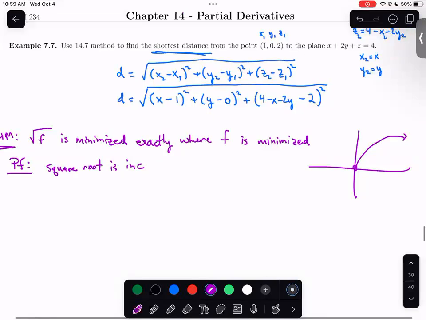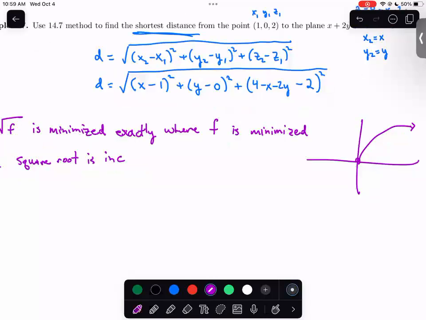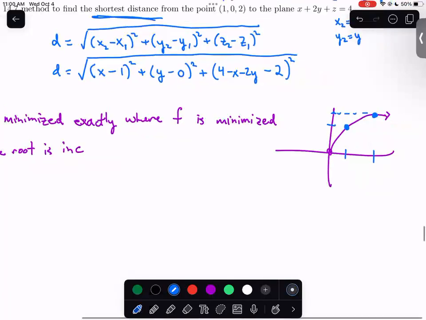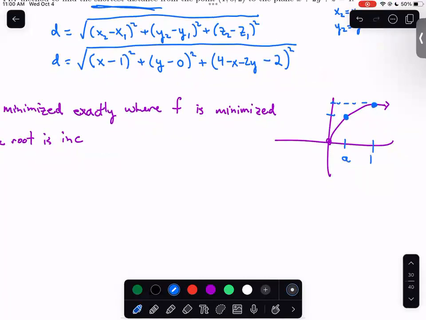Notice that if you want to get the minimum value out, the output here, the y value, you're going to want to plug in something smaller. If you plug in something bigger, because it's increasing, you're going to get a bigger value out. So if you're interested in minimizing a square root, you minimize what you plug into it. In this case, if maybe A is smaller than B, then your output, the y values, are going to be smaller.